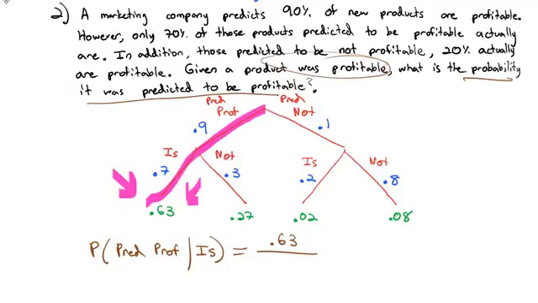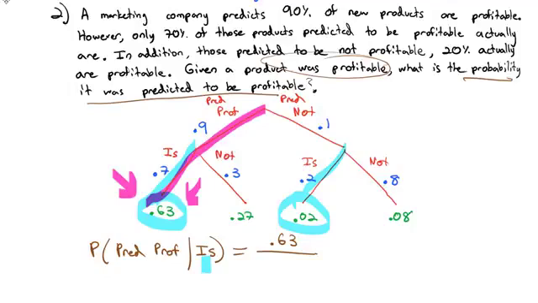The denominator then is going to be the probability of the given information. The given information is that it is profitable. The "is" occurs in two locations. The "is" is the left side of both branches. The "is profitable", both of those together make up my sample space.